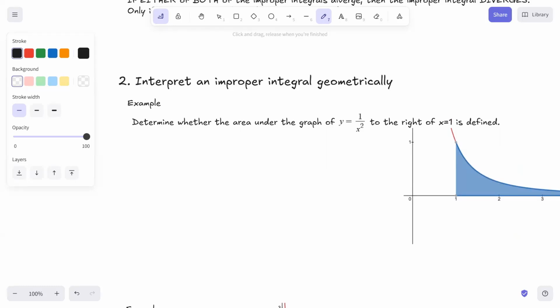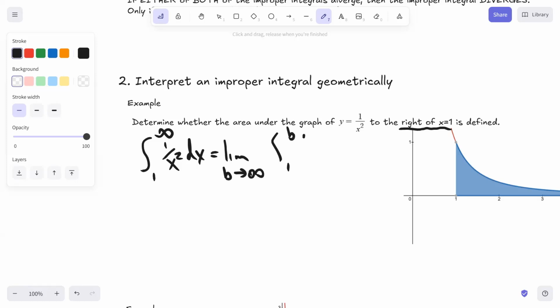So we want to determine whether the area under the graph of y equals 1 over x squared to the right of x equals 1 is defined. So the area under the curve is defined as the integral from 1 to infinity. This says to the right of x equals 1, which implies that you're going out to infinity of 1 over x squared. We have to set up the limit notation. So the limit as b approaches infinity, the integral of 1 to b of 1 over x squared dx.